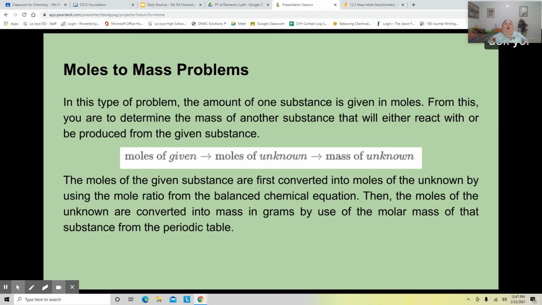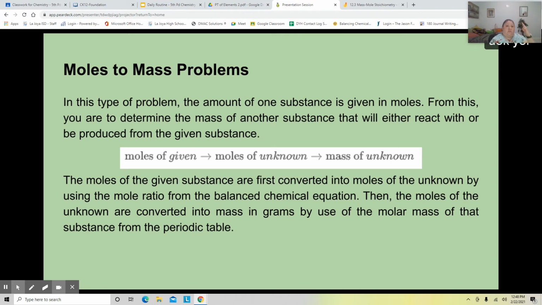Now, mass to moles is not the only type of problem you can do. You can also go backwards. You can start with moles of compound A and end in grams of compound B. It just depends on what they're asking. It's the same 2-step process. But instead of starting with molar mass, then mole ratio, it's going to switch.